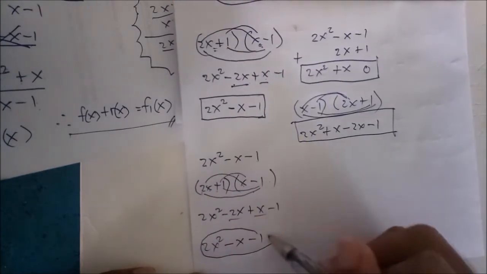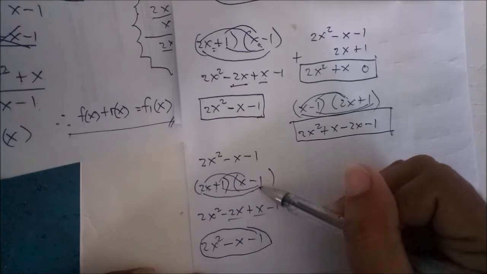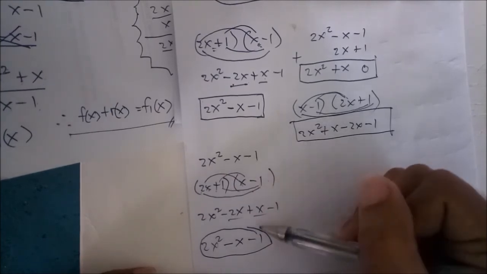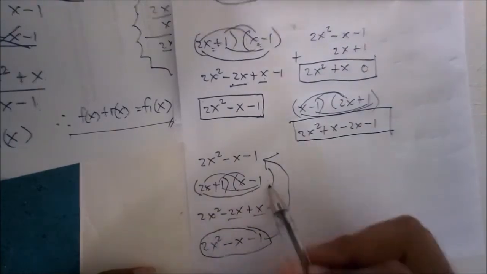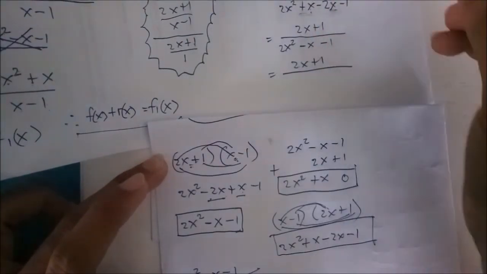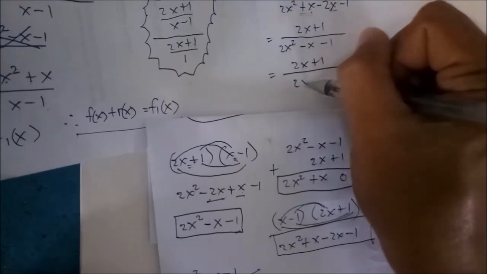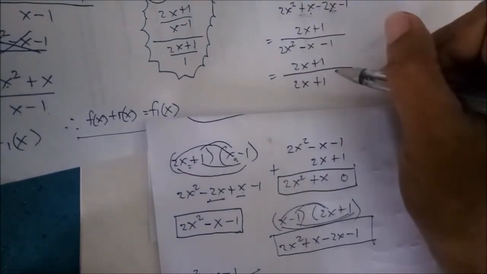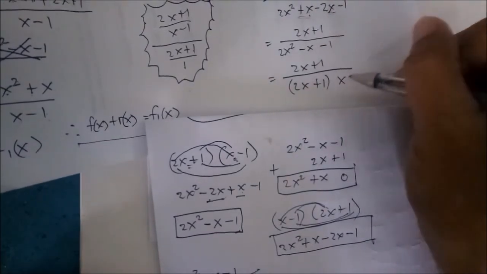So since after you distributed, the answer is the same as the given, your factor is correct. So the factor is, copy the numerator 2x plus 1, and the factors will be 2x plus 1 and x minus 1.